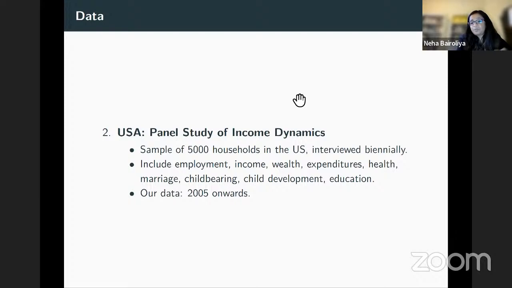Consumption data was collected starting in the late 1990s. And to be consistent with our categories of expenditures that are available in CPHS, we use data from 2005 onwards, even though this survey actually goes back to 1968, but the consumption data is not available at that time.